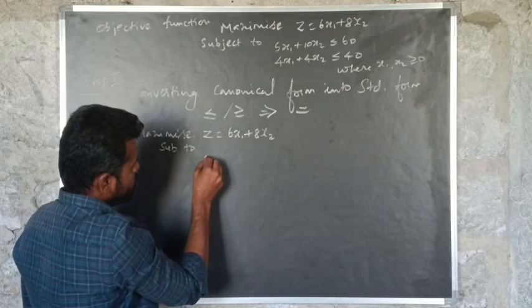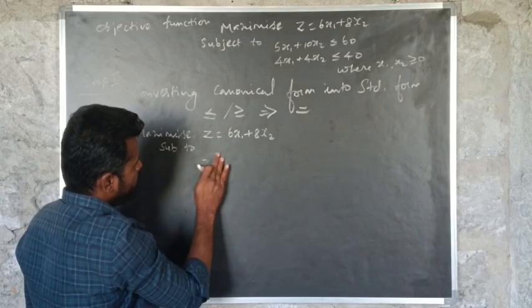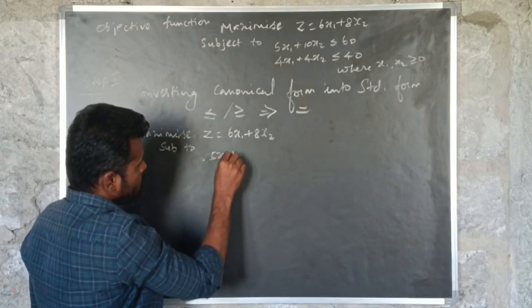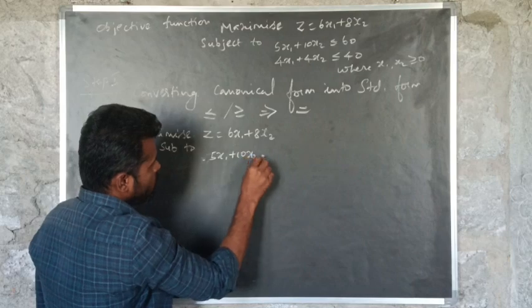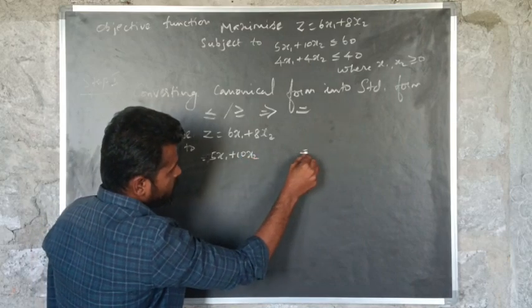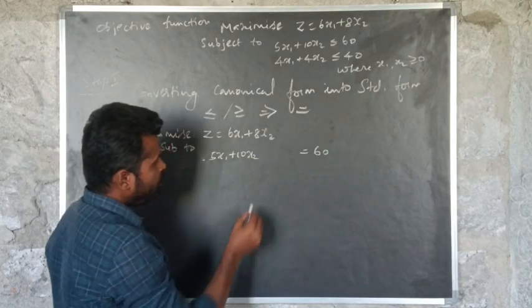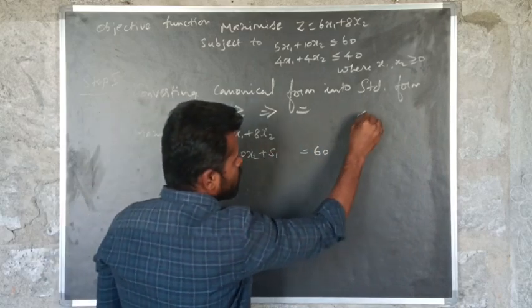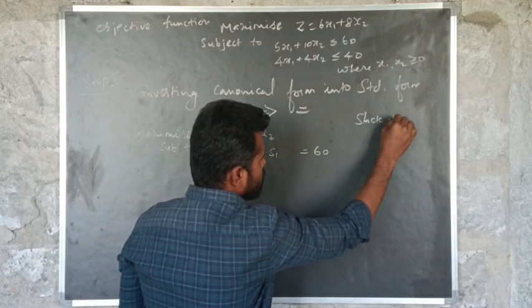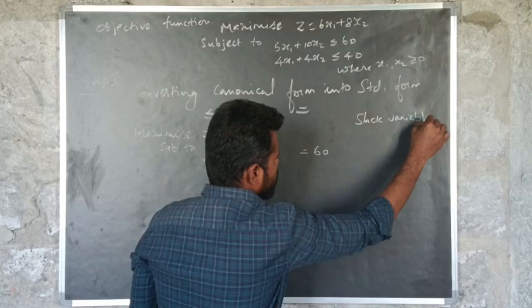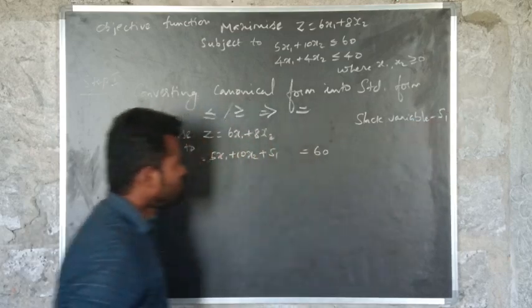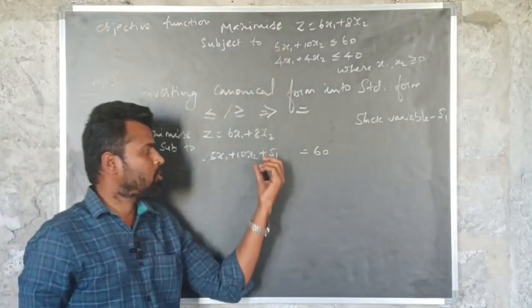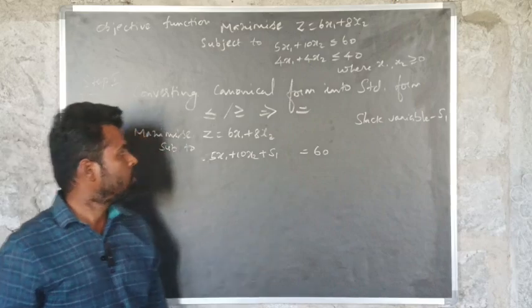The first constraint is 5x1 plus 10x2. To make it equal to 60, I am going to add slack variable s1, so that the small left hand side shortfall will be added here.